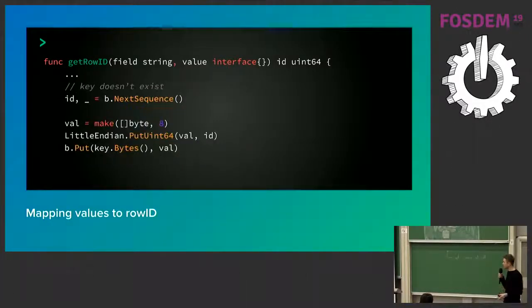If it doesn't exist, we take the next available row ID, calling next sequence, and we once again encode it to the little endian format, and we put it in a bucket in Bolt DB. And of course, return from the function. So this is basically how it works. A similar function gets the location from a column ID. Instead of encoding, we decode column IDs to get the location. And this is basically how it works.